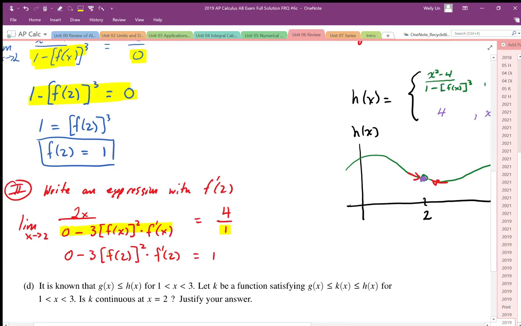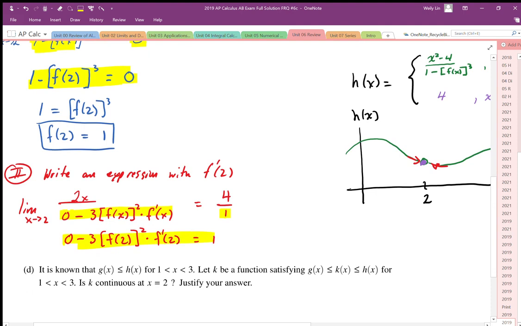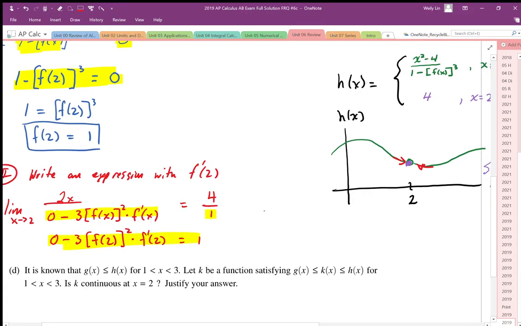So I've generated my f prime expression. I've made an equality to solve for this. So I do know I've already solved for f of 2 is equal to 1. So when I plug this in, I end up with negative 3 times f of 2, which is 1.